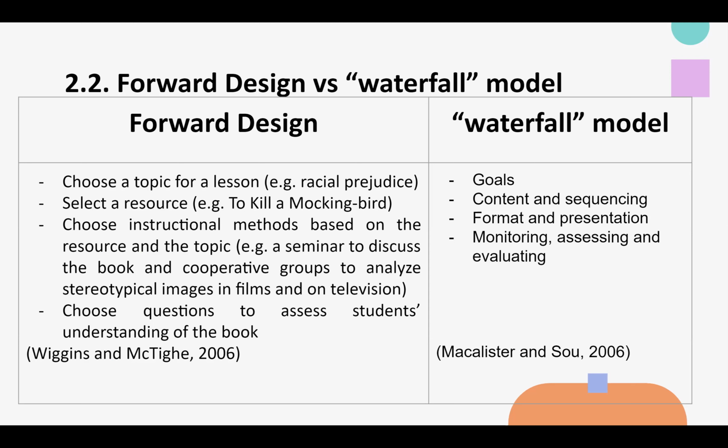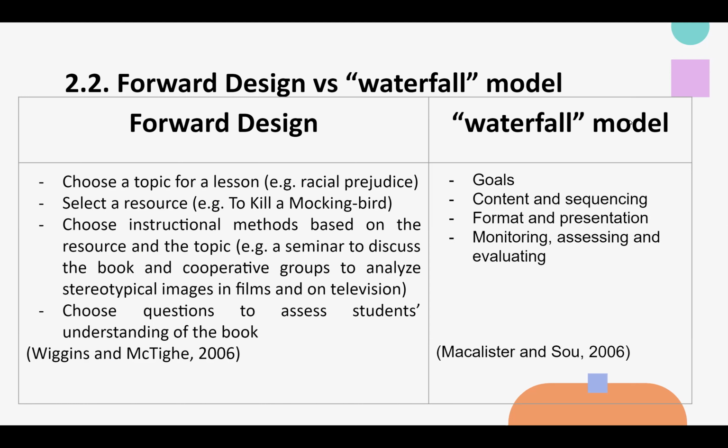For example, we choose the book To Kill a Mockingbird, and then we choose instructional methods based on the resource and the topic, like seminar to discuss the book and cooperative groups to analyze stereotypical images in films and on television. And finally, we as teachers choose questions to assess students' understanding of the book.